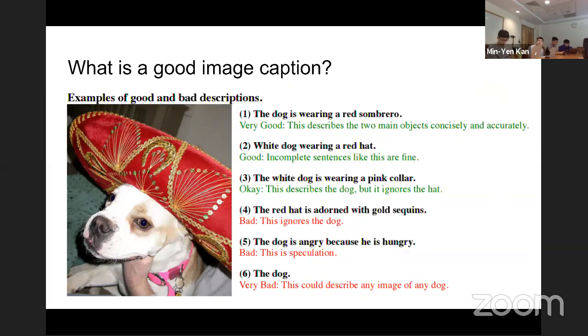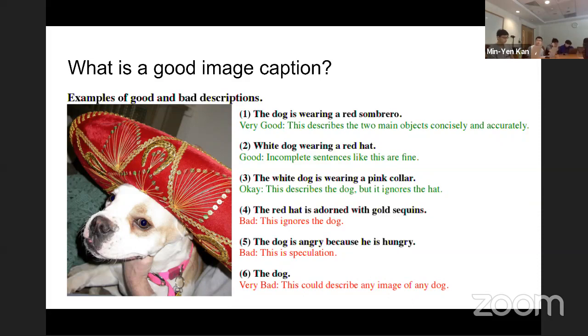Before moving to the models, I want to list here what is a good image caption. The current image caption datasets are labeled by humans, so they have some standards for the annotation. For example, this is the annotation guideline for the Flickr dataset, I think. You can see what are the bad image captions, the red ones.